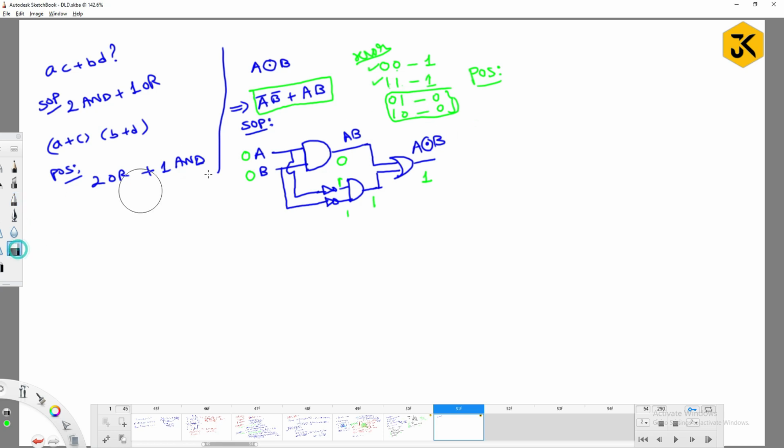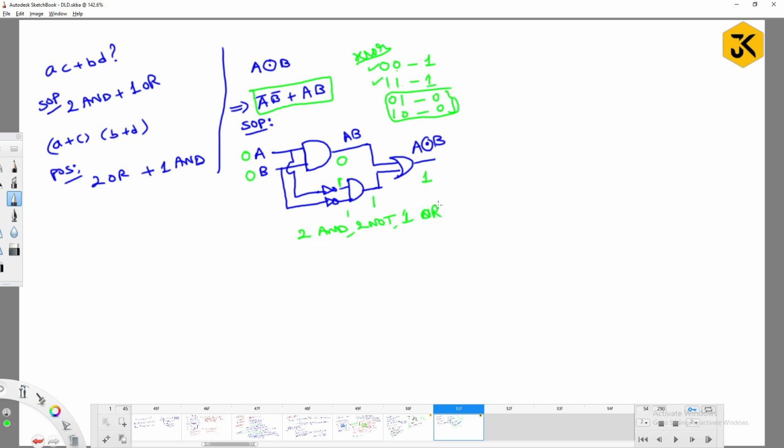That we have seen in the earlier video itself, right? Yes, fine. So here my question is, if they got something like A XNOR B, how many gates do they have to take? Two AND gates, two NOT gates, and one OR gate.